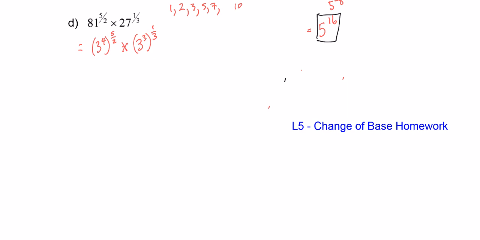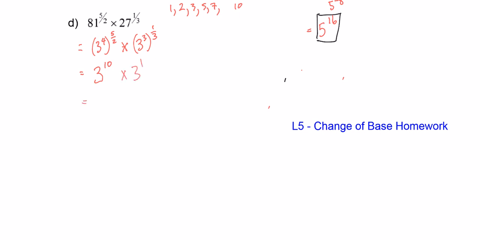Now, when we do this, notice we're taking 4 times 5 over 2. When we multiply those two out, we get 3 to the 10. And then we do the same for this. We take 3 times 1 over 3, and you get 3 to the 1.